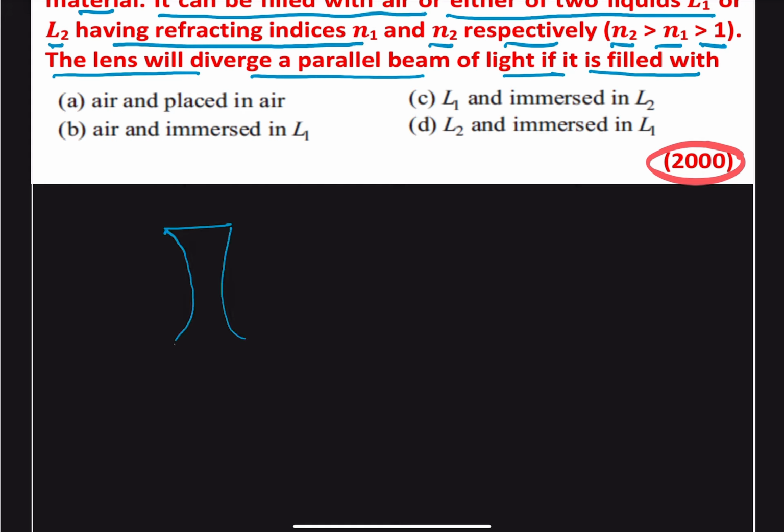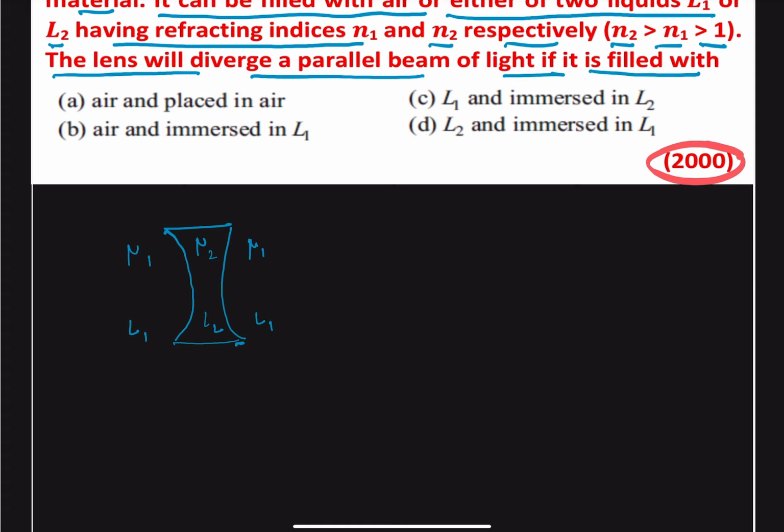So this is our hollow double concave lens, and there is a possibility that it might be filled with refractive index mu2. So obviously it will be surrounded by the refractive index mu1 on both sides. So inside we are going to have liquid 2, and outside on both sides there will be liquid 1.